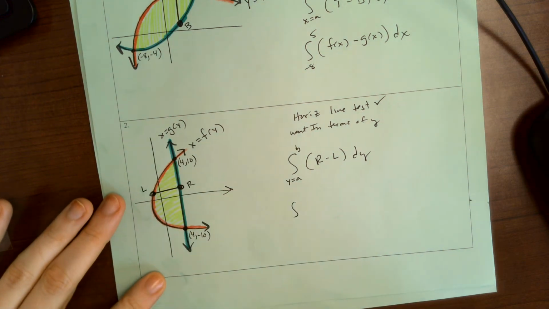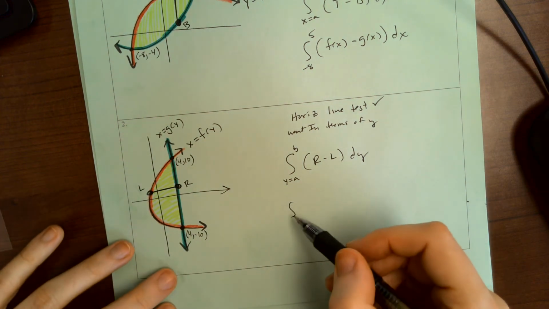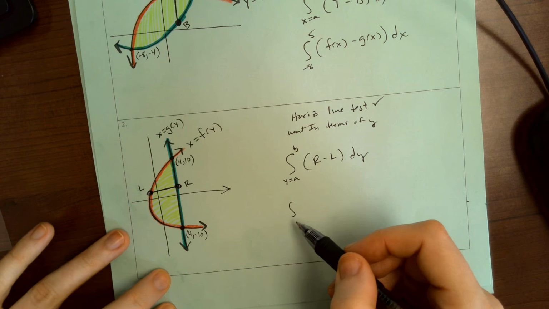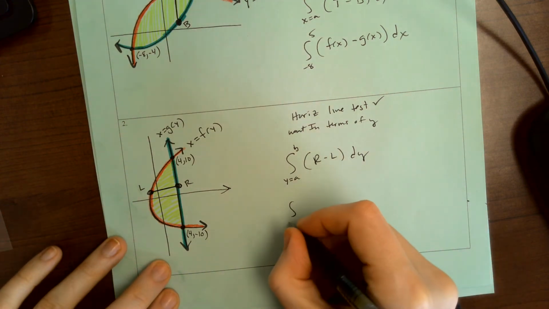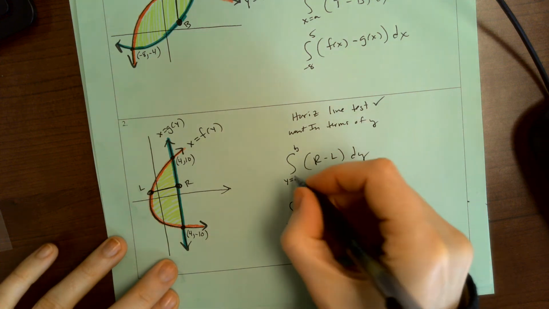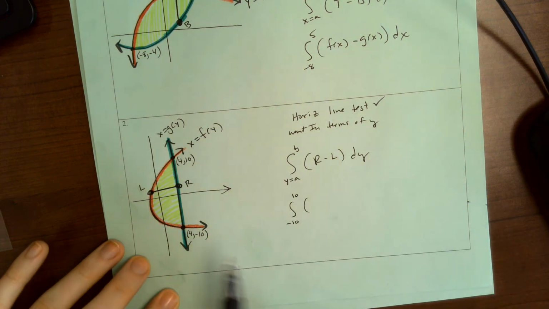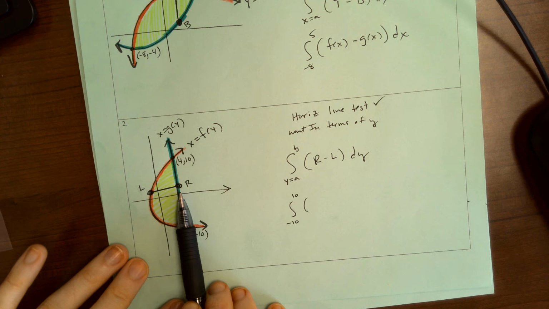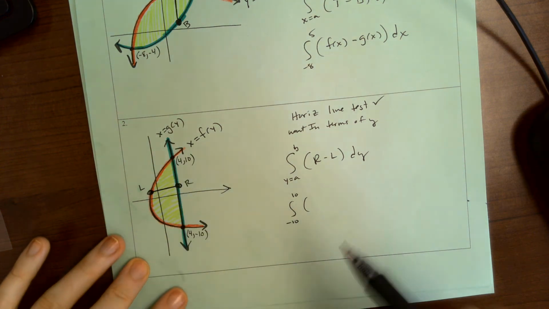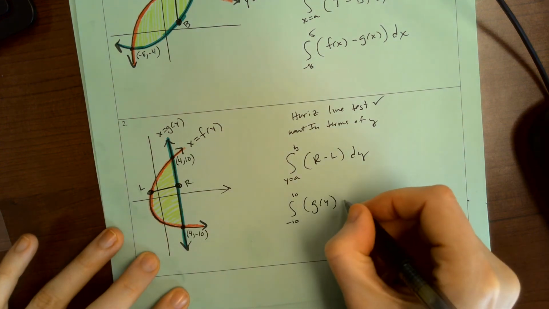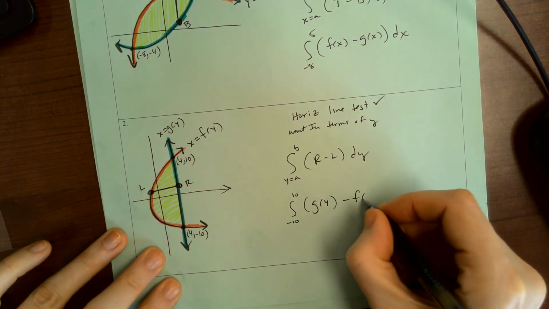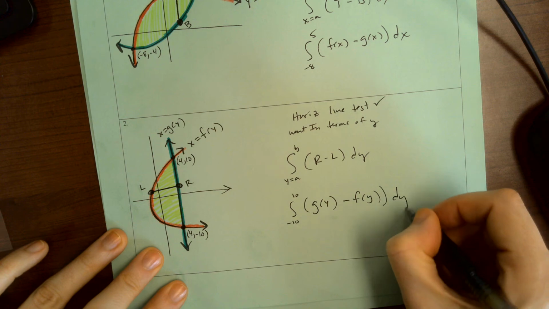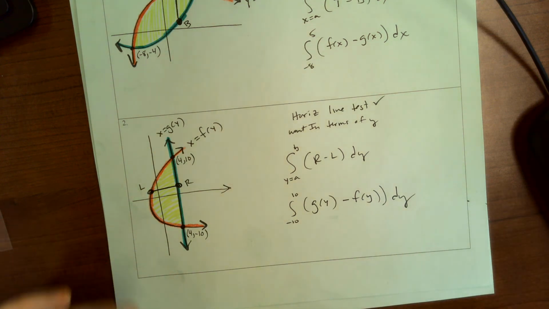Right, left. The integral from, what's the lowest y coordinate? The lowest y coordinate is -10. What's the highest y coordinate? +10. Now the right function is g of y, minus the left function is f of y, dy. Okay, that's the answer.